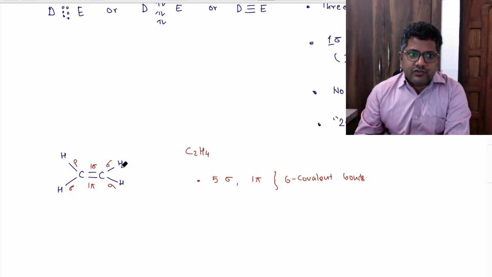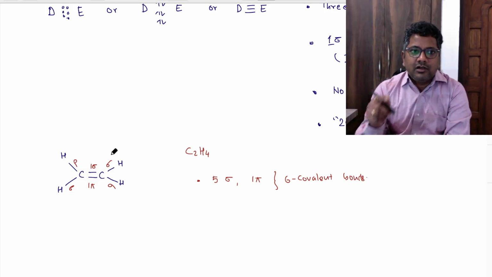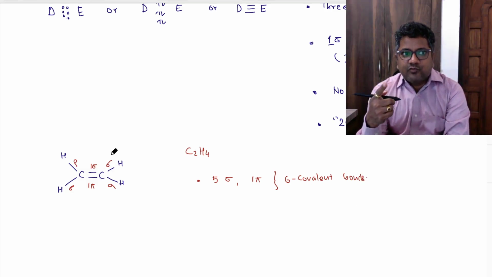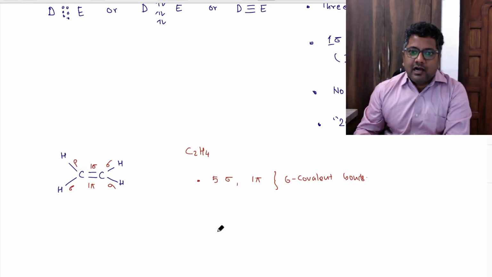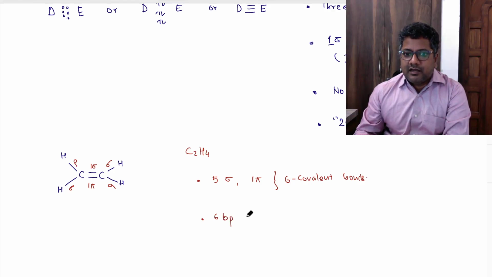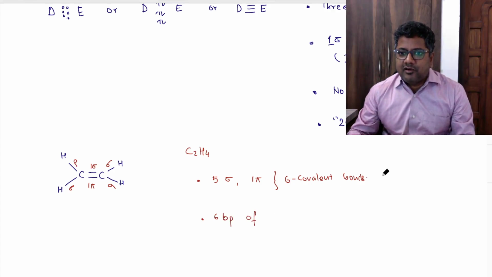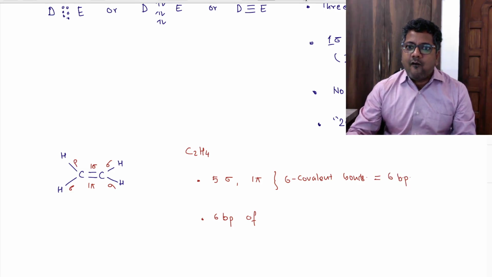And if you individually compare each bond, they all correspond to the first point I explained in the Lewis structure, right? How many bond pairs are there? So 6 bond pairs are there, 6 covalent bonds means 6 bond pairs.